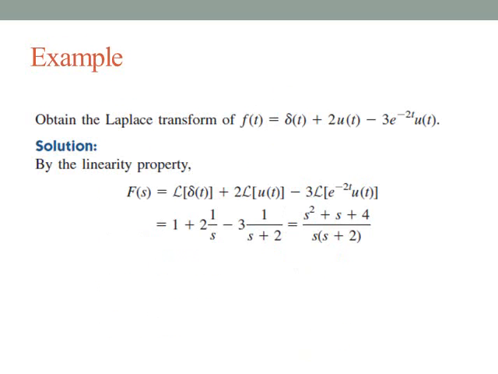So the example says: obtain the Laplace transform of f of t, which is basically the addition of three different functions, delta of t, u of t, and e raised to power minus 2t u of t.